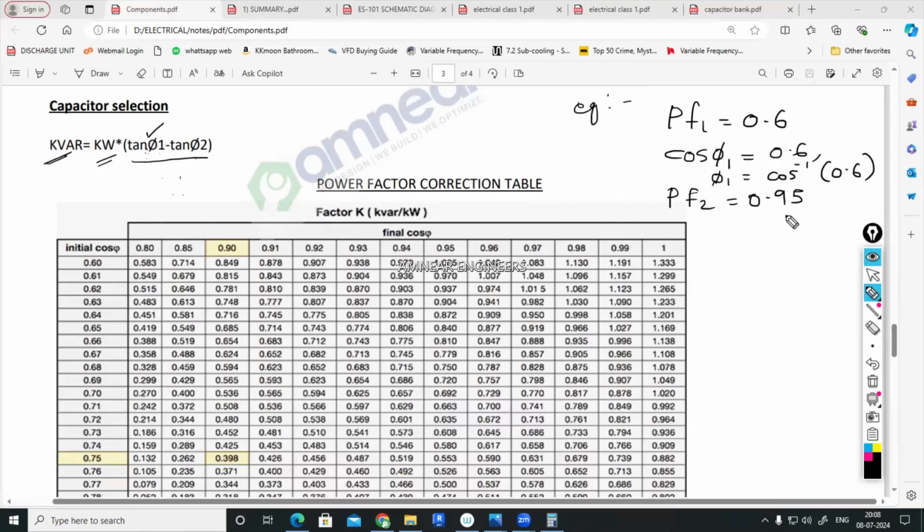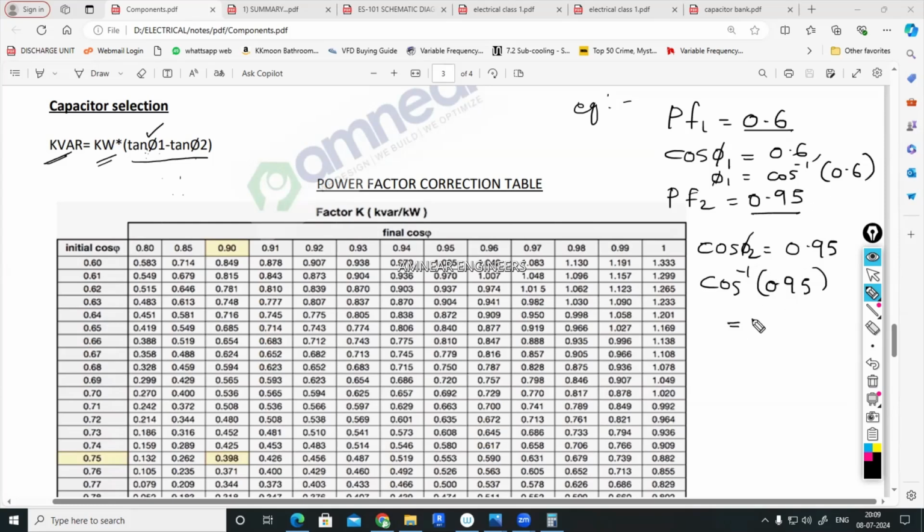Then power factor 2. This is my initial power factor, or the current power factor. This is my final power factor, or the target power factor. So that is cos phi 2, 0.95. So cos inverse of 0.95. How much is it?